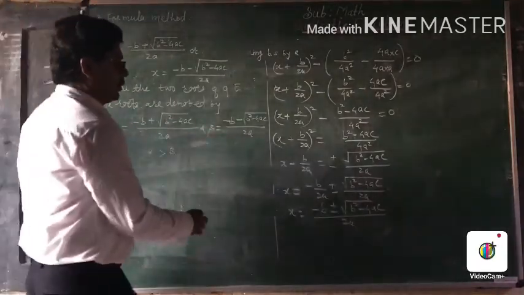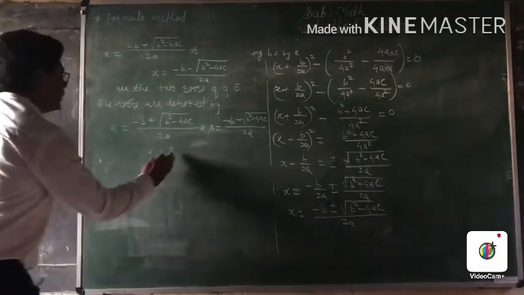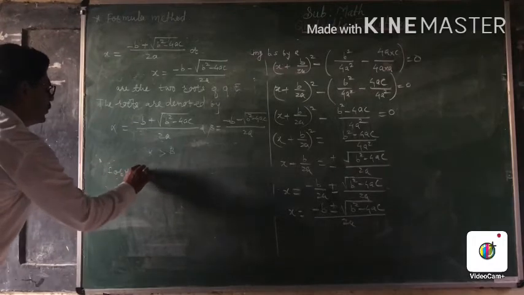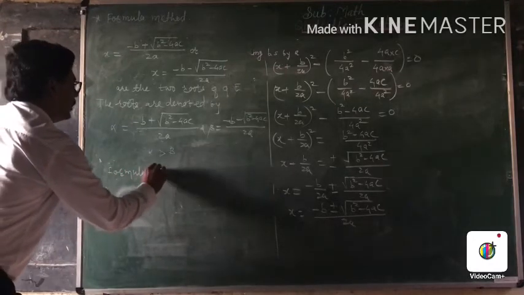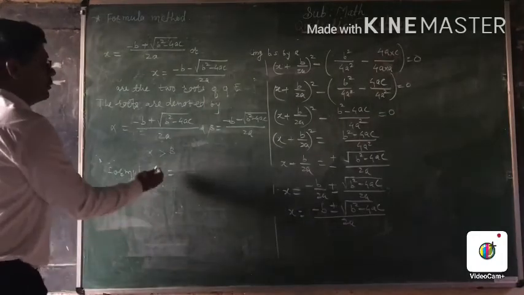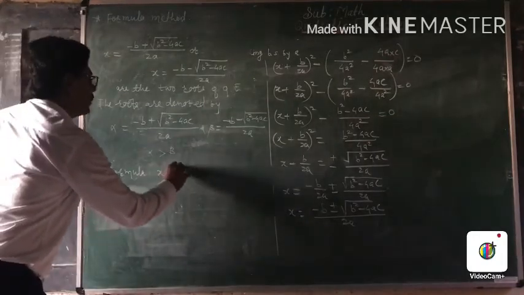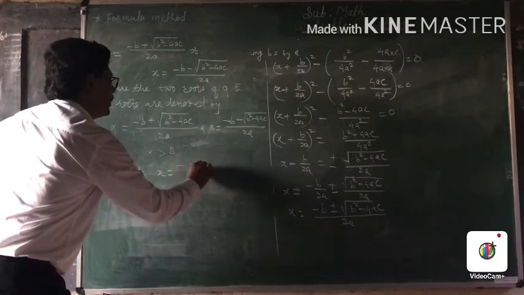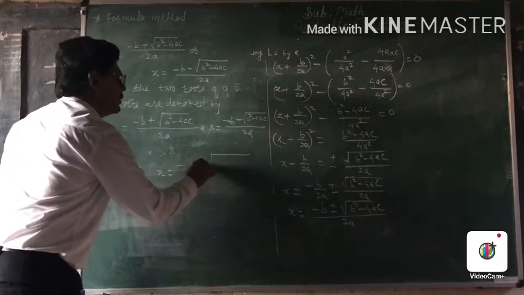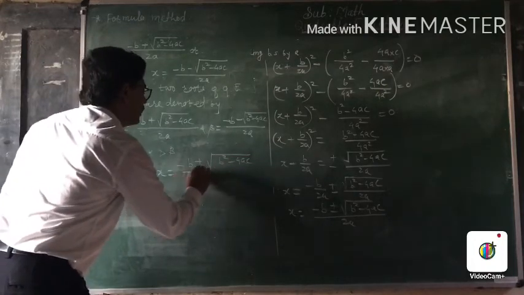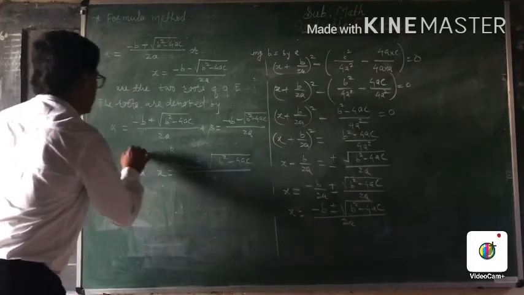But your main formula is: x is the variable given in that equation, x is equal to minus b plus minus root b square minus 4ac complete divided by 2a.